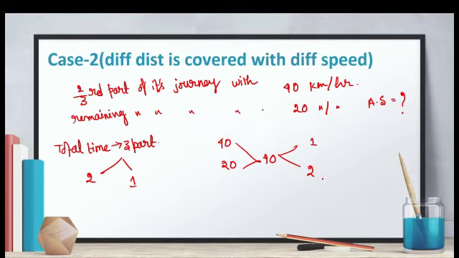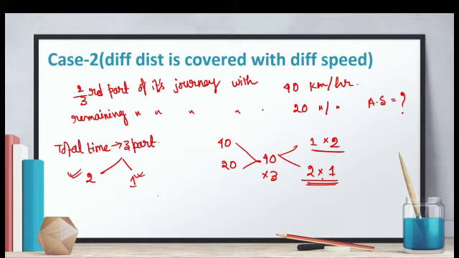Now as the total time is 3 part, this 3 will be multiplied with the LCM, and with this 40 kilometer per hour it moves 2 part, so this timing will be multiplied with 2, and as it moves 1 part with 20 kilometer per hour speed, this 2 will be multiplied with 1.